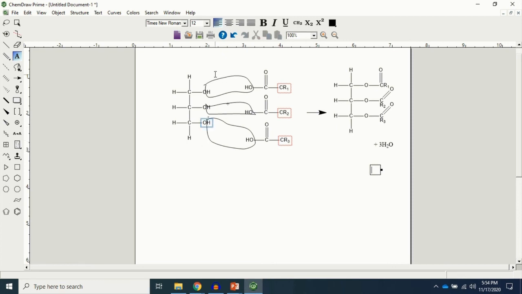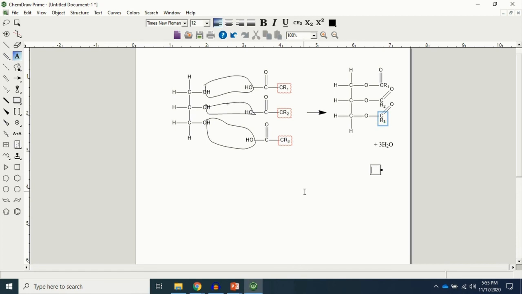What if I take out this large molecule from here and put in a methanol? So if I put in one methanol here, one methanol here, one methanol here, I will get what is called a methylated fatty acid, and that itself is what is called biodiesel.